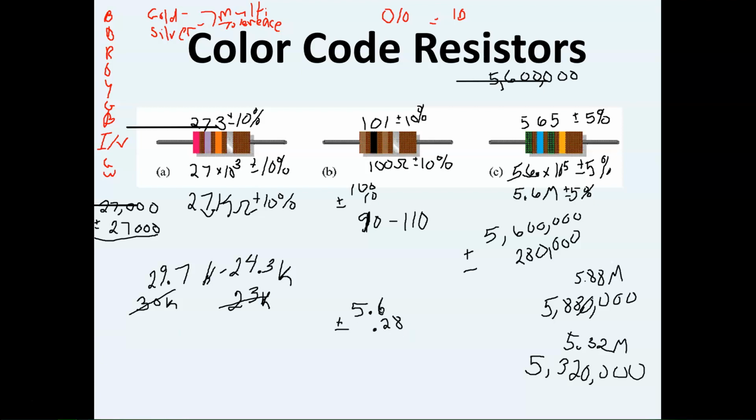Because then you would end up with 5.88 and 5.32. Then all you would have to do is remember to bring down the fact that these are both mega. So you still end up with 5.88 and 5.32.